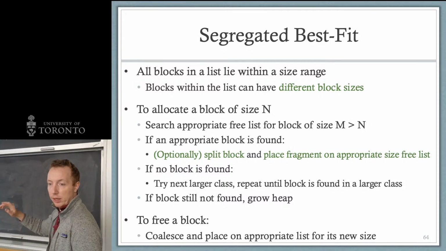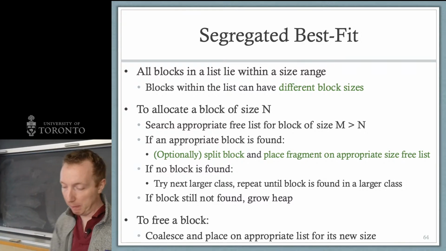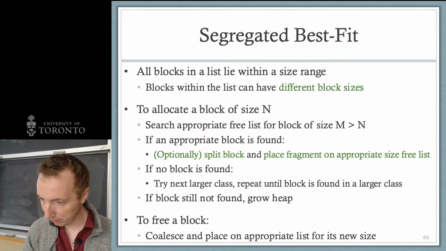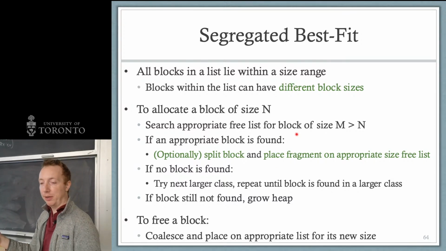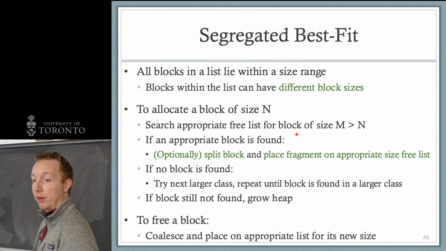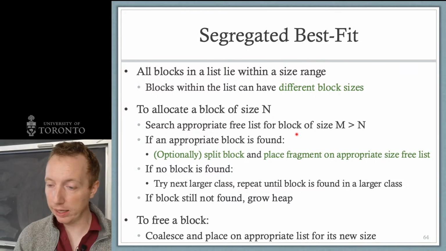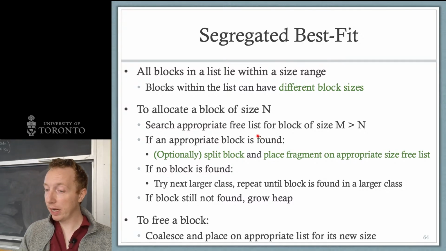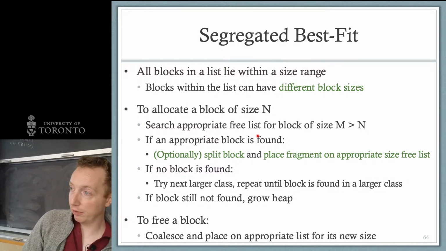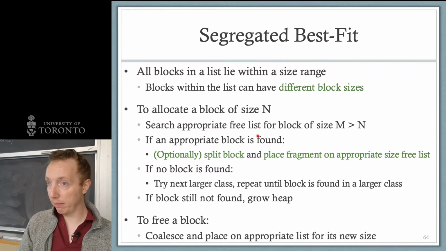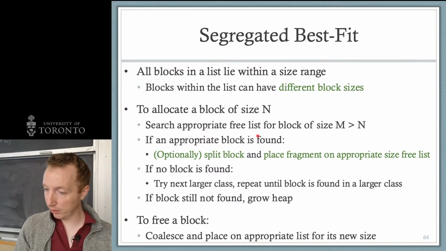So if I do best fit and try to do a bit better, if I allocate a block of size n, then maybe I search the appropriate free list for some block without making a different category. If I find some space where it will fit, maybe I split it and then move the split one to the appropriate free list for that allocation size.